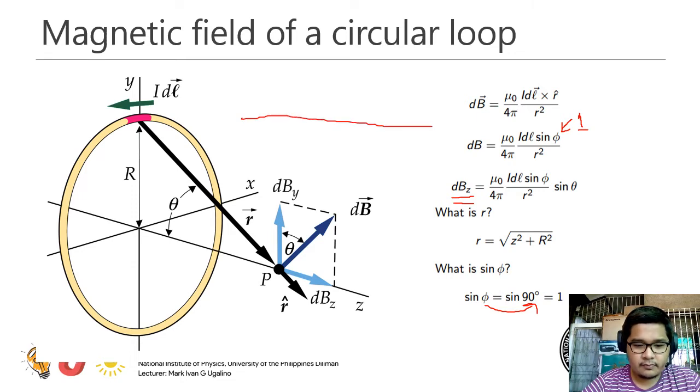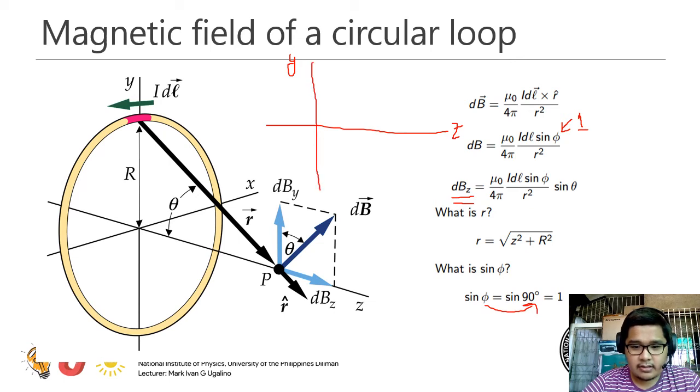Let us draw a projection of this axis. Imagine that this is your y-axis and this is your z-axis, such that the ring is somewhere here. Let me draw that in a better manner.